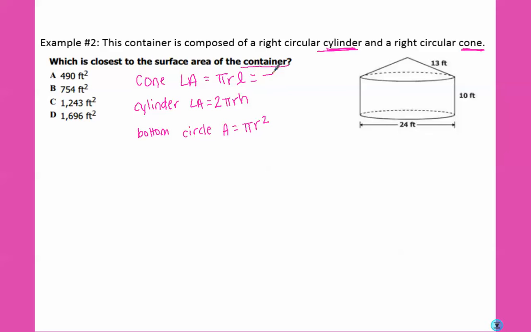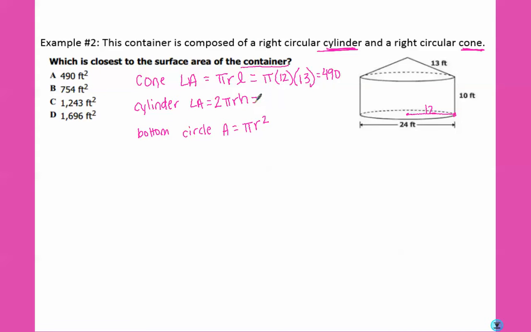So this would be pi, the radius of the cone. It's going to be the same as the radius of the cylinder. It gives me the diameter, so halfway would be 12. L is my slant height, which it shows me is 13. So if I type that whole thing in, it comes out to about 490.